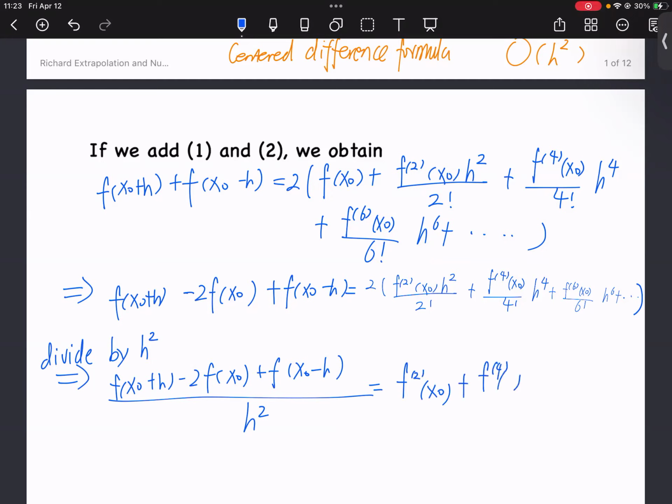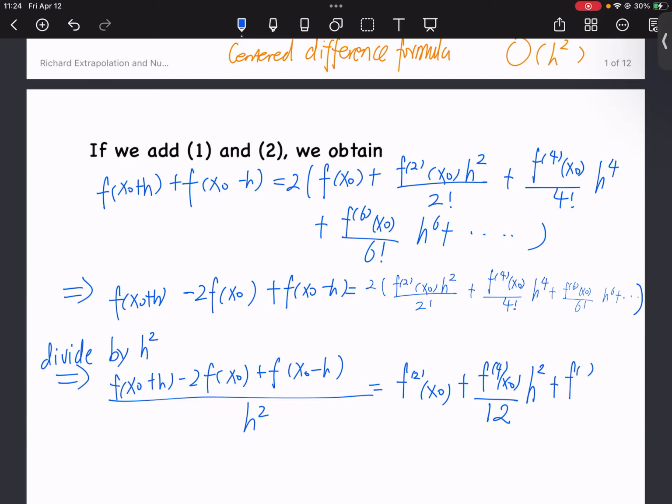And then the second item should be the 4th derivative, and that is 2 divided by 4 factorial, which equals 4 times 3 times 2 with the numerator 2, so here it is just 1/12. But here we divide both sides by h squared, so h⁴ divided by h squared, and we just have h squared here.